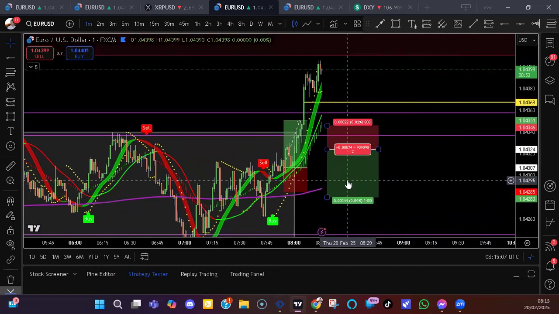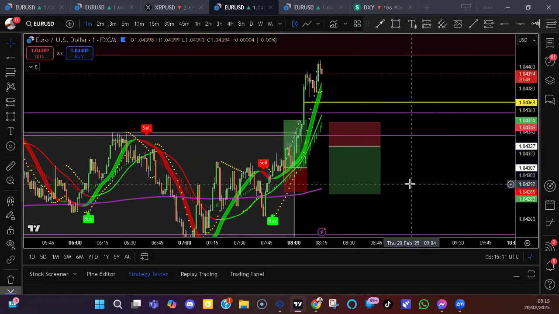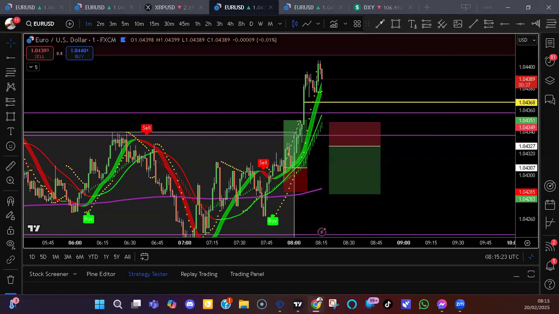The longer you are in a trade, it sounds a bit extreme, but the more susceptible you are to world events catching up with the dollar. Mostly, it's going to be the dollar and the dollar reacting off that.